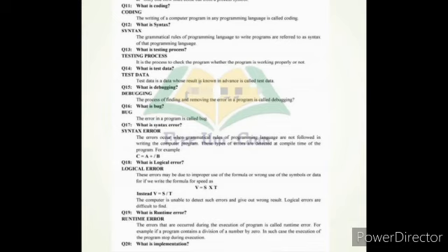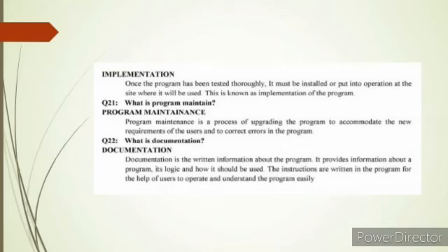Answers are also available with questions. Question number 21 is what is program maintain? And question number 22 is what is documentation?